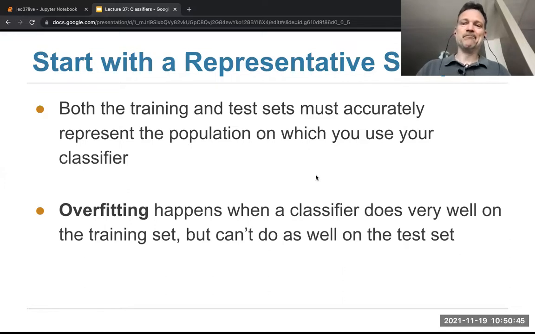And so if the classifier is just memorizing what to do on the training set and hasn't learned any more general patterns or general ways to decide for other images that weren't in the training set, then it might do very well on the training set and perform poorly on the test set. You can learn about ways to deal with that problem if you take further machine learning classes. The most basic ways are to make sure the training and test sets are reflective of the population and to get more data in your training set.